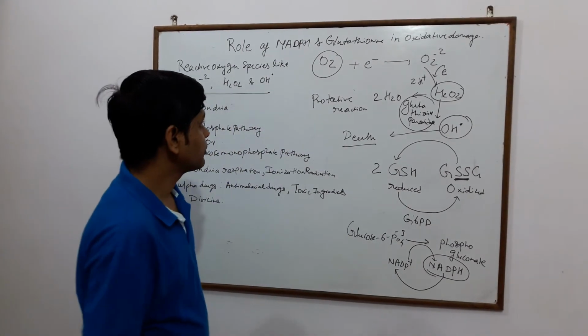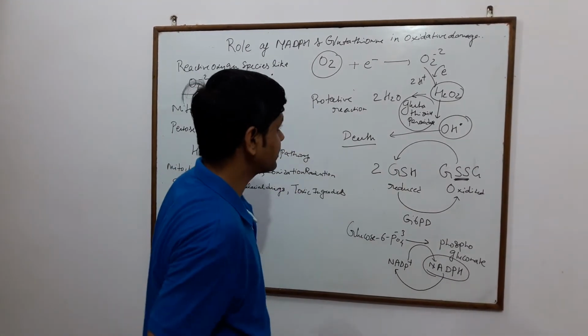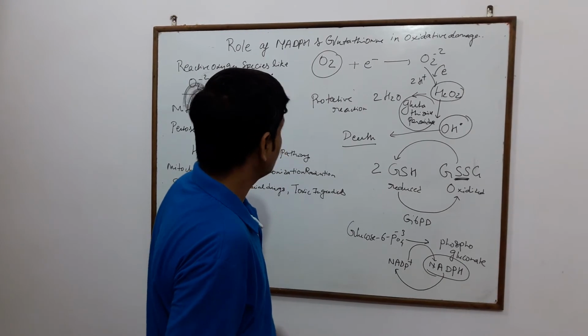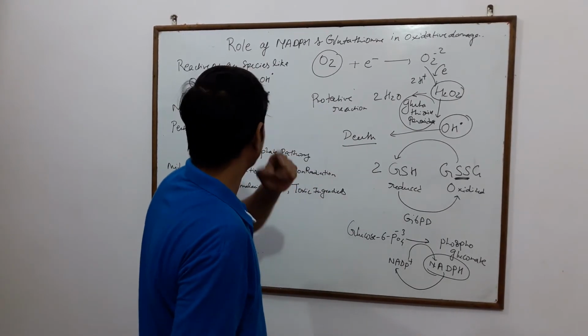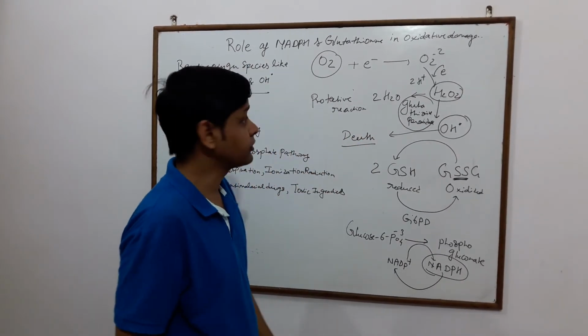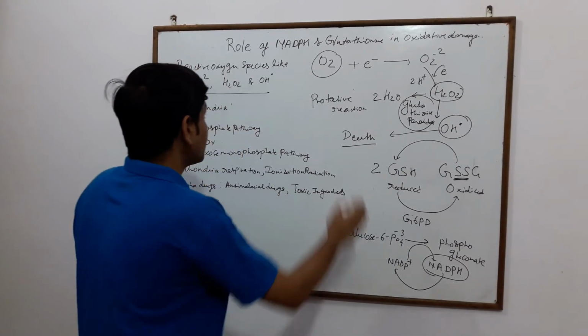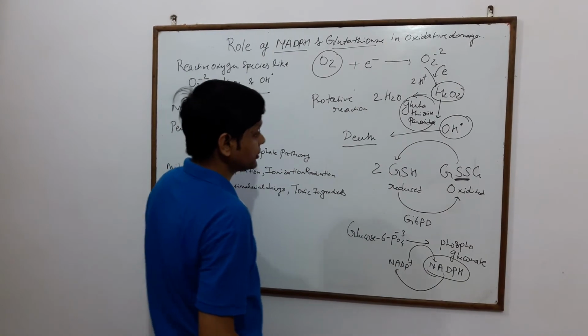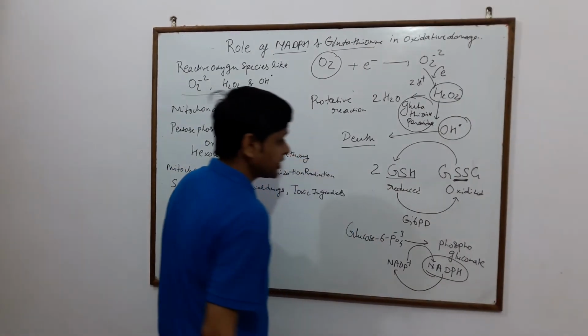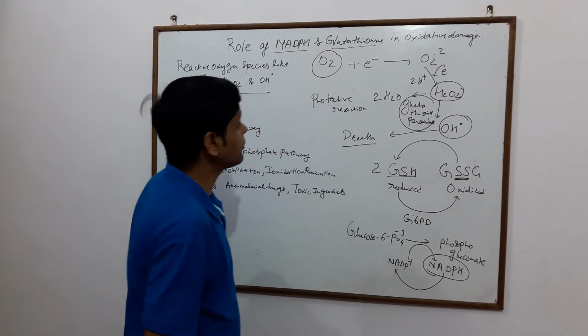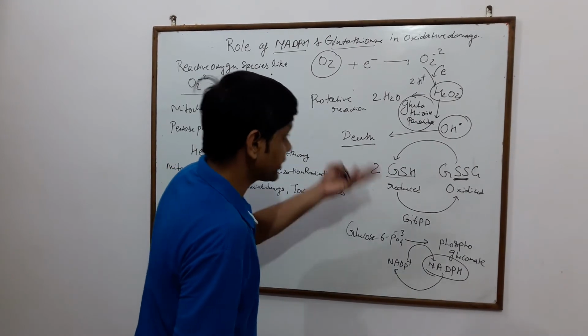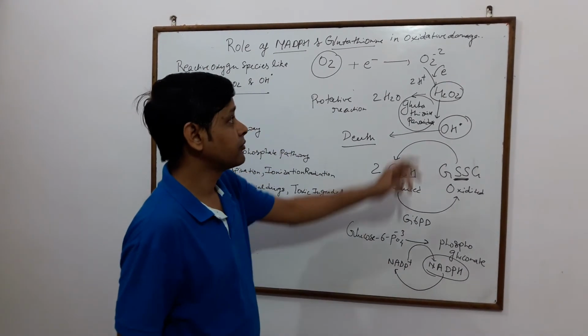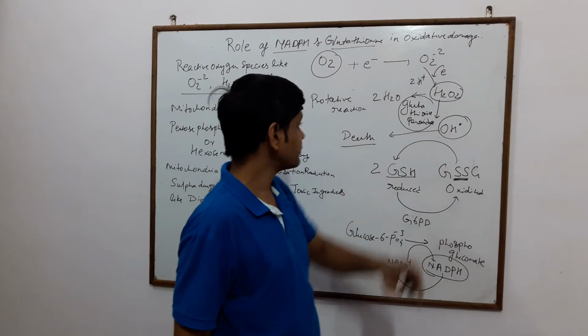Okay, so what is happening during this oxidative damage? From this reaction we conclude that the NADPH and the glutathione species, that is GSH, are responsible for protecting the cell from oxidative damage.